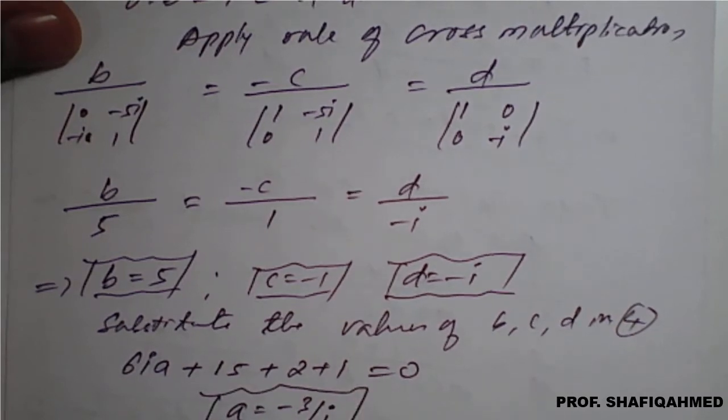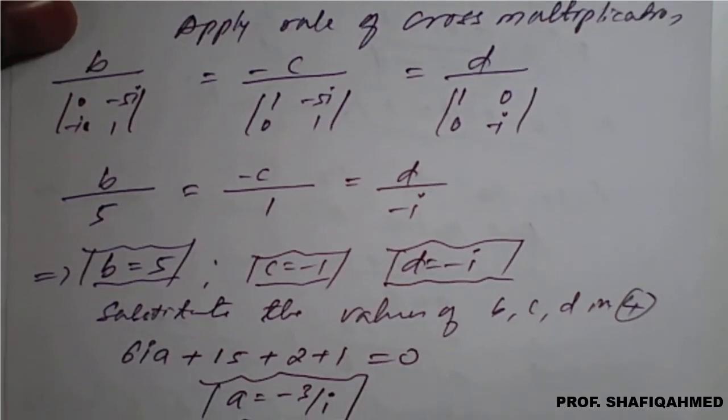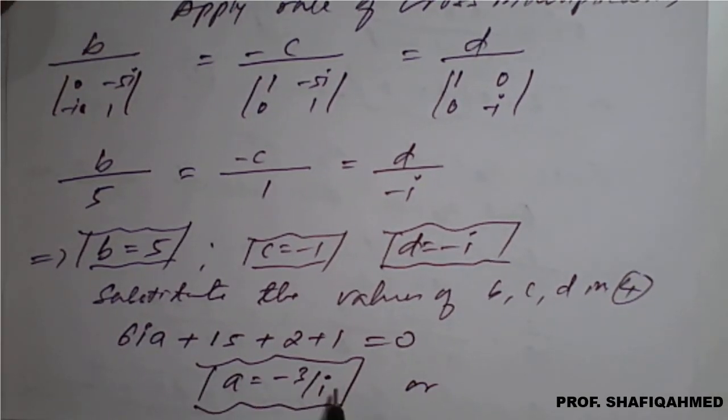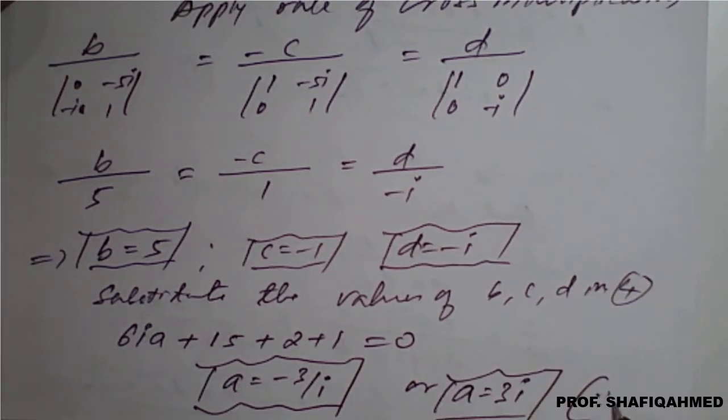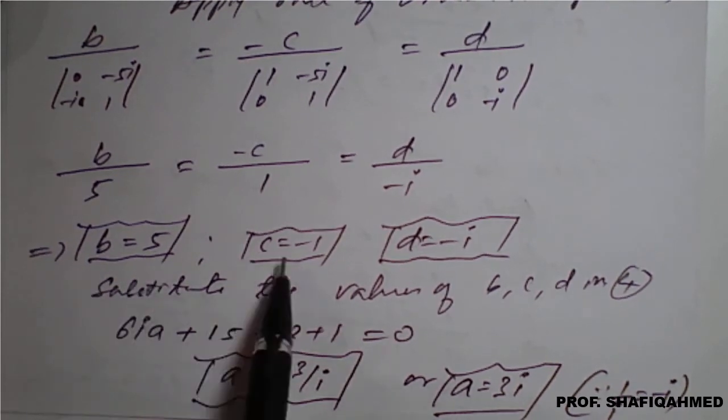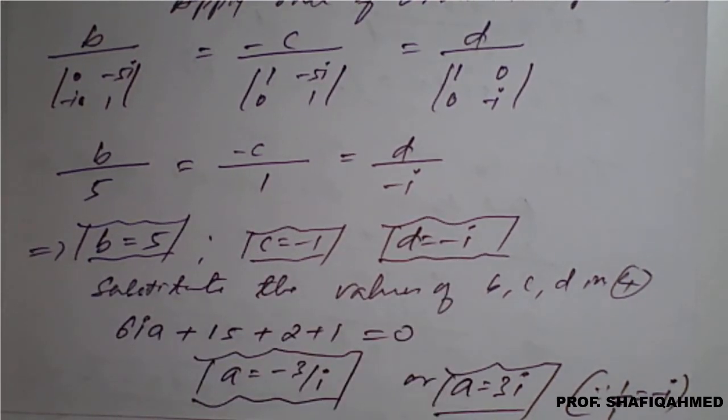We can rearrange this value by rationalizing: divide and multiply by i. Or, 1 upon i is nothing but minus i. Therefore the value of A will become 3i. So we got A as 3i, B is 5, C is minus 1, D is minus i.